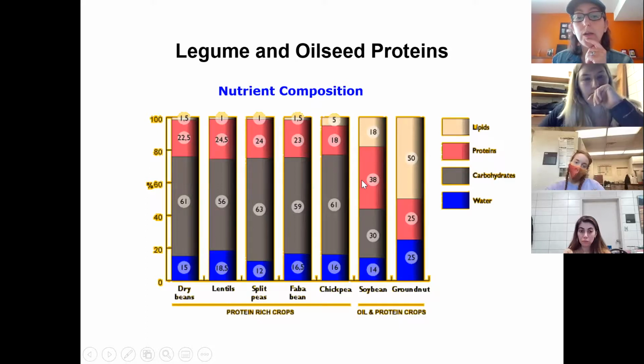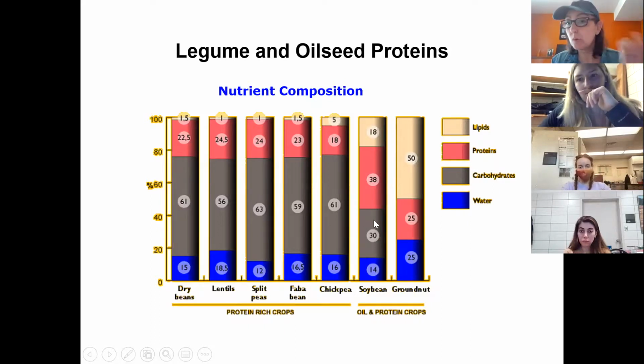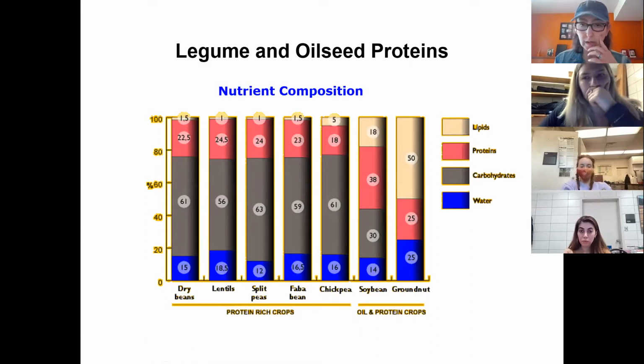If we look at the oilseed legumes, soybean has much higher oil content or lipid content and much higher protein, and the carbohydrate is mostly dietary fiber, small sugars and oligosaccharides. So you have less than 1% starch material. This is just to give you a differentiation between starchy legumes and oilseed legumes.